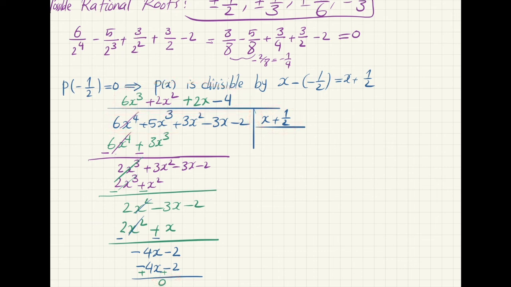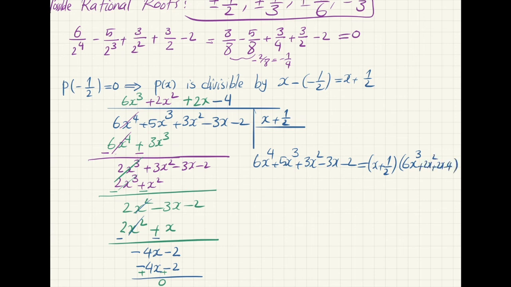Of course the remainder is 0. So what I get is that 6x to the 4 plus 5x to the 3 plus 3x squared minus 3x minus 2 is equal to x plus a half multiplied by 6x to the 3 plus 2x squared plus 2x minus 4.